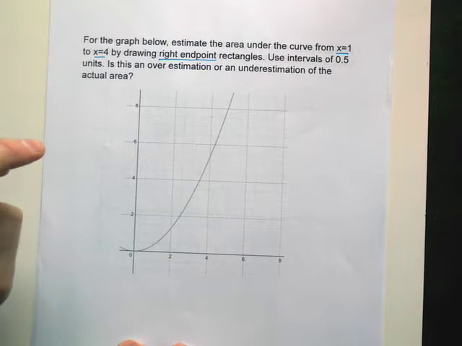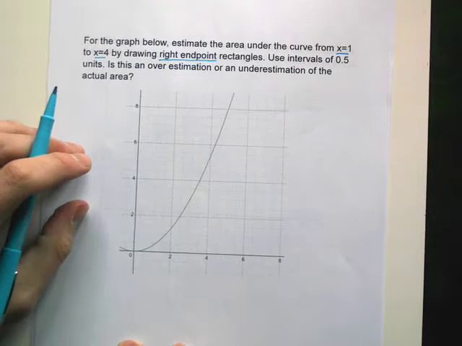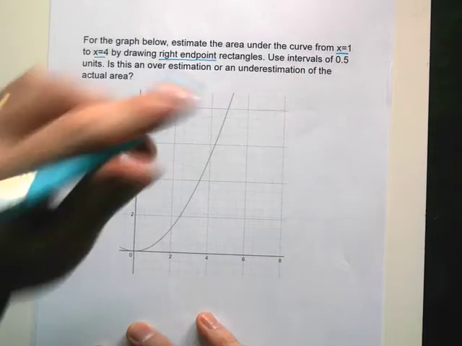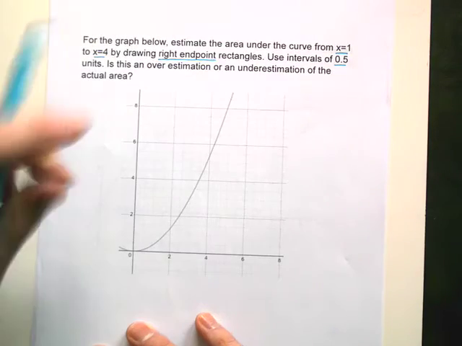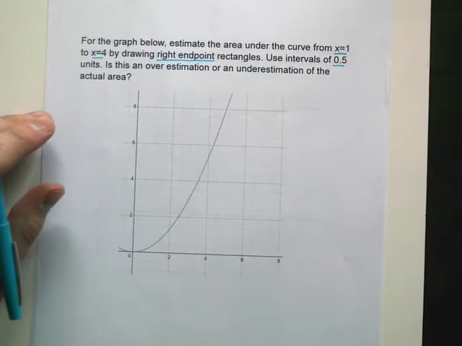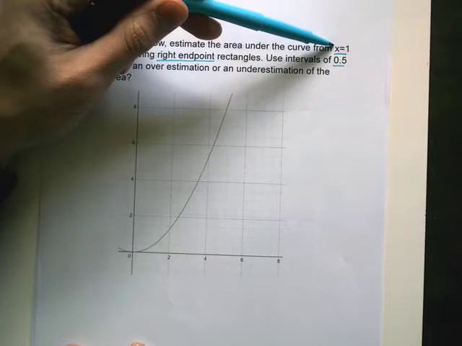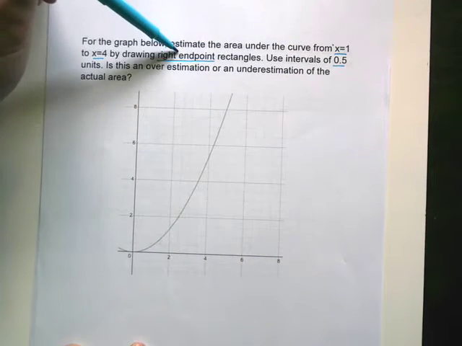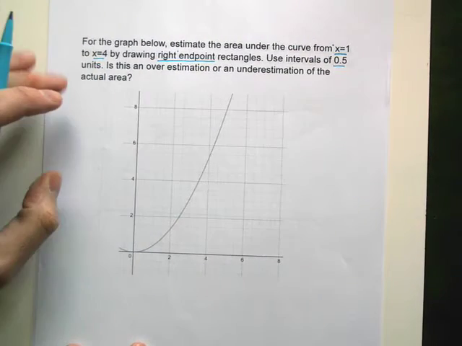Is it asking for right endpoint rectangles, left endpoint rectangles, or even midpoint rectangles? Okay. Use intervals of 0.5 units. That's the third piece of important information you need on every single problem today. You need the limits, what you're looking at, you need the types of rectangles, and you need the intervals. If you have those, you can do everything else. Okay?